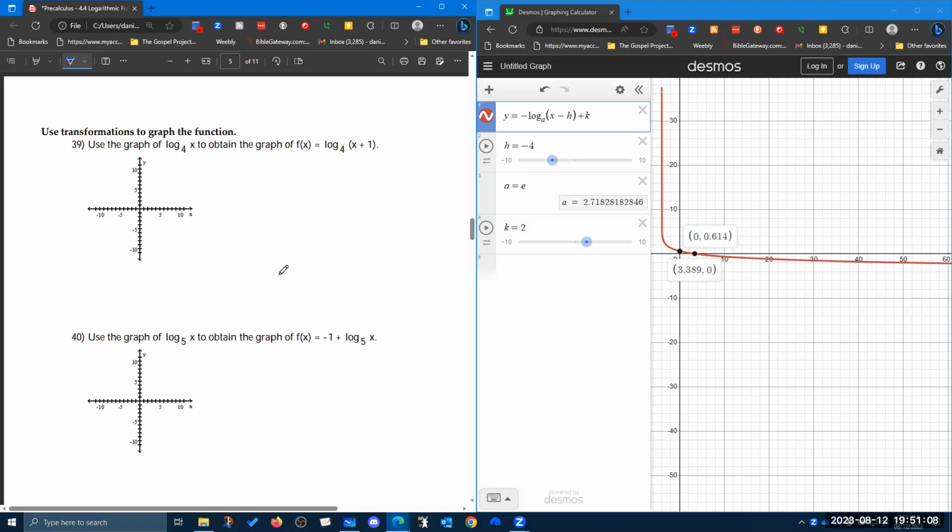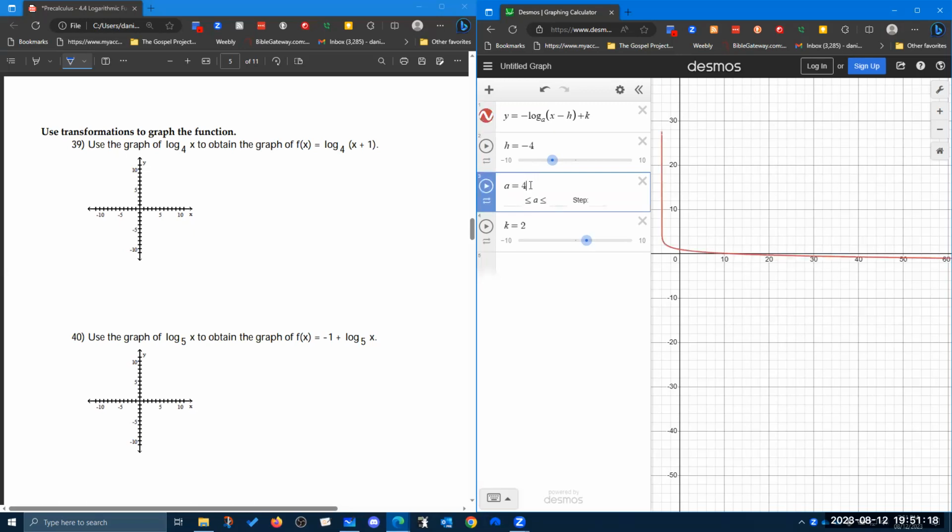So we're going to use transformations of log base 4 of x. And we want x plus 1, so we want a -1 on the inside. We don't want any vertical shift, so it's going to look like so. We have vertical asymptote at -1.